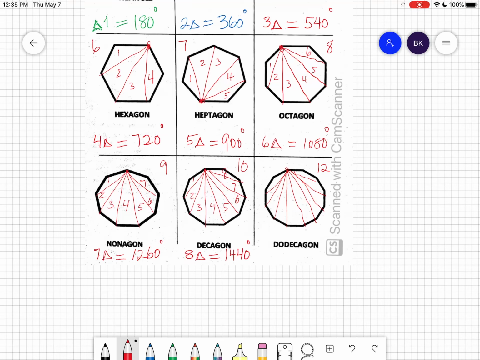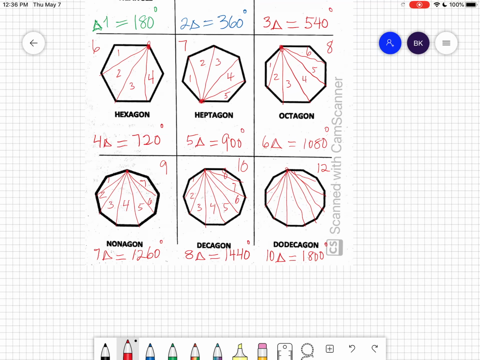Okay, so we have, oh my gosh, did I skip one? 1, 2, 3, 4, 5, 6, 7, 8, 9. 9, that means it's going to form 10 triangles, and 10 times 180 is 1800 degrees. Is that correct? So 180 times 10, right?